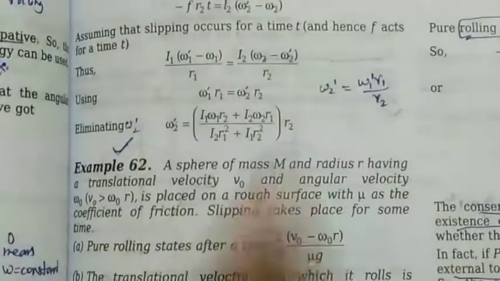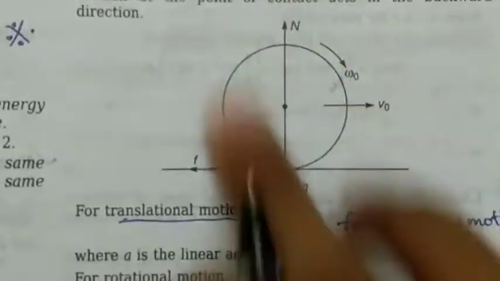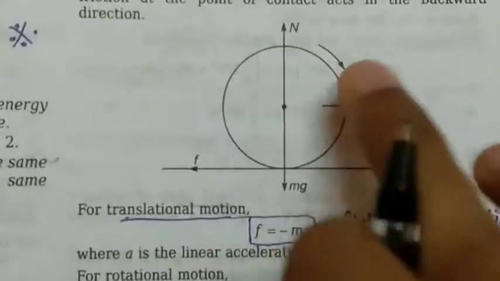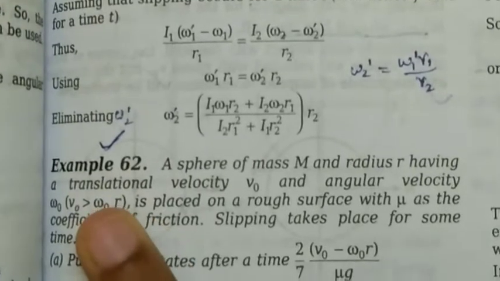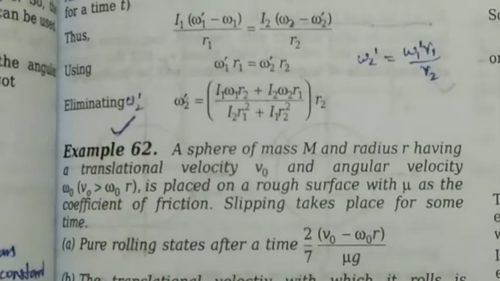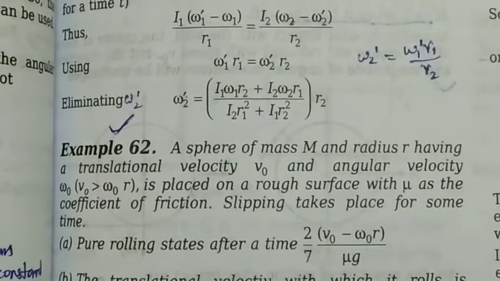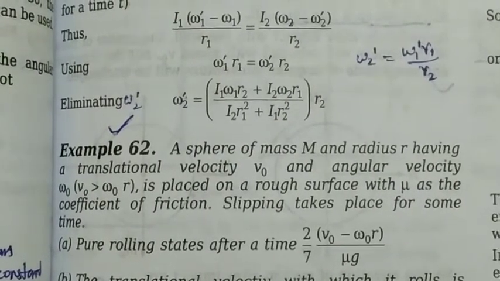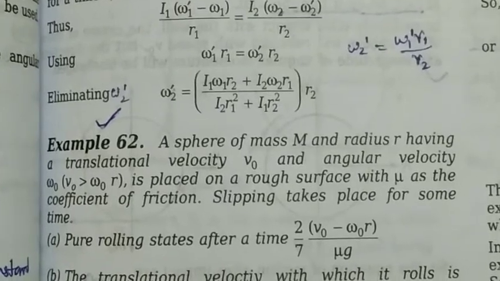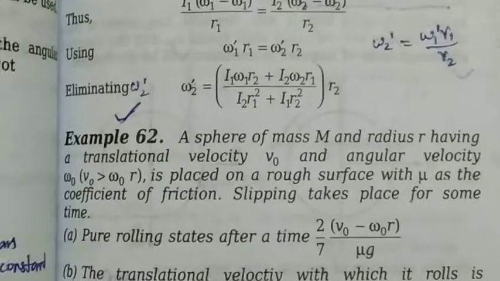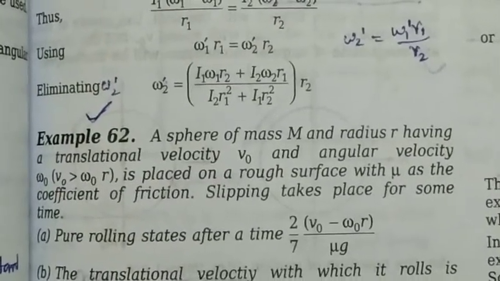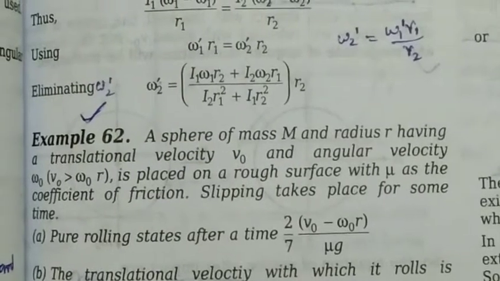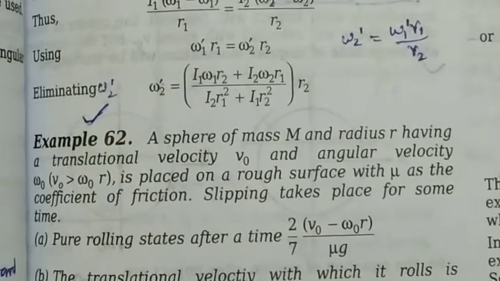And angular velocity means the speed with which the sphere is rotating. So the sphere is rotating with angular velocity omega naught. The condition given is v naught is greater than r omega naught. Here r omega naught is nothing but the displacement occurring in a given time because of rotational motion.